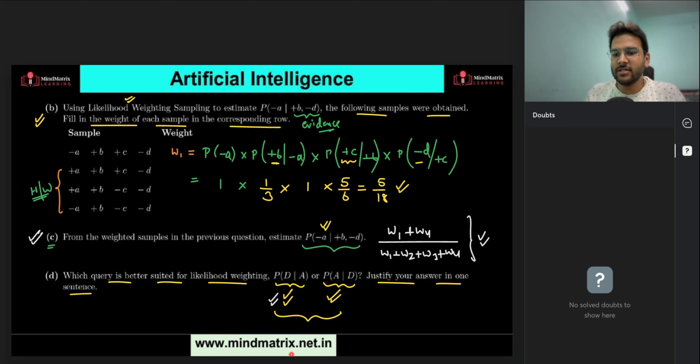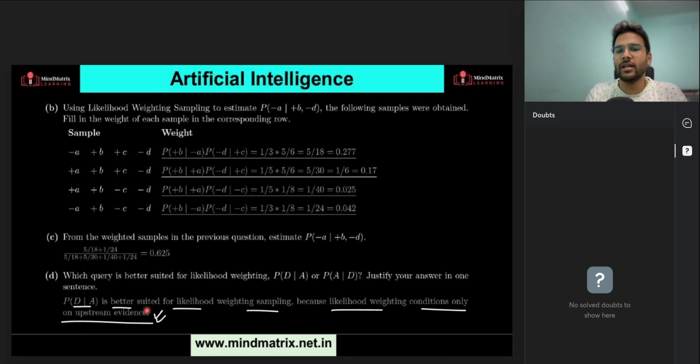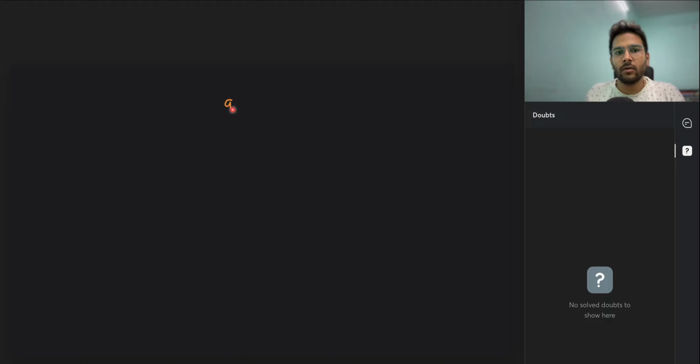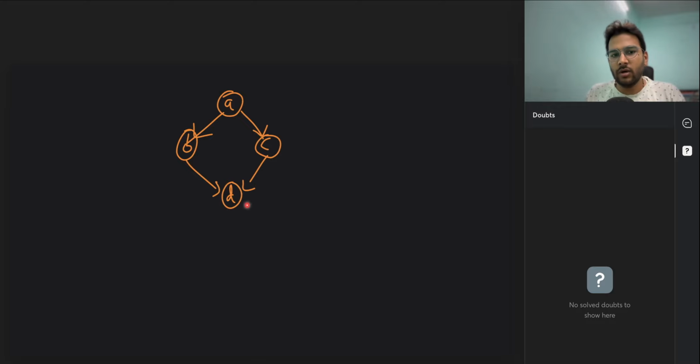Fine. So that is the reason, as you know, that in case of likelihood weighting, it conditions only on upstream evidence. As I told you here also, let me add one more slide. A, B, C, D. So if I'm talking about, let's say this is my upstream evidence, D will depend on this, but A is not depending on this.